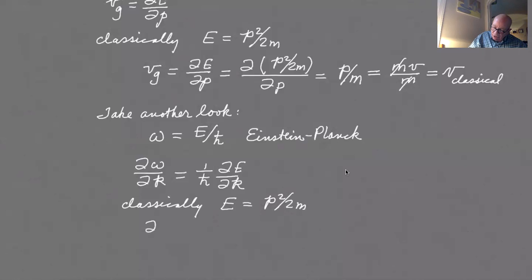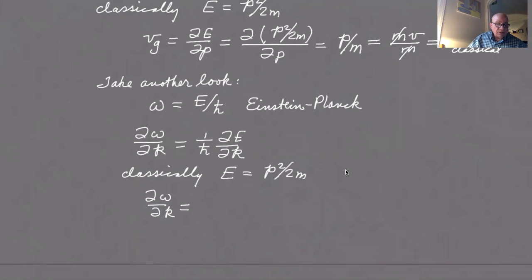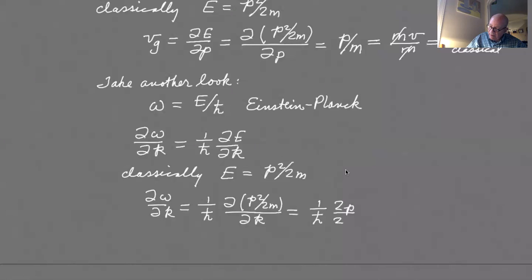So the change in omega with respect to k is 1 over h bar times the change in p squared over 2m with respect to k, which is 1 over h bar times 2p over 2m times the change in p with respect to k.